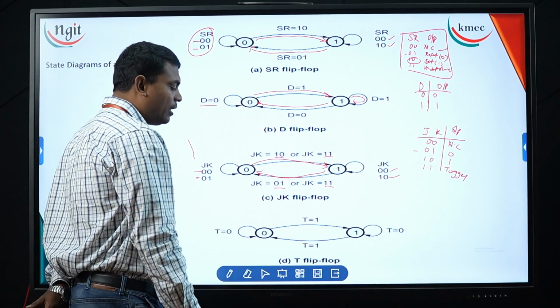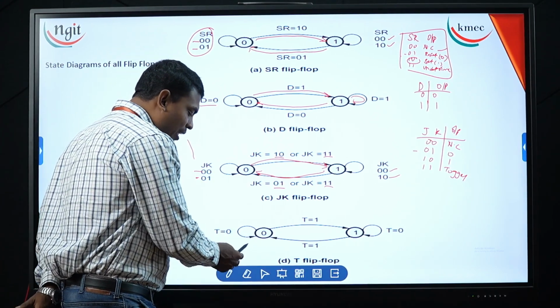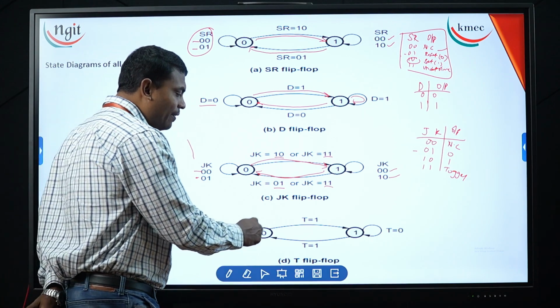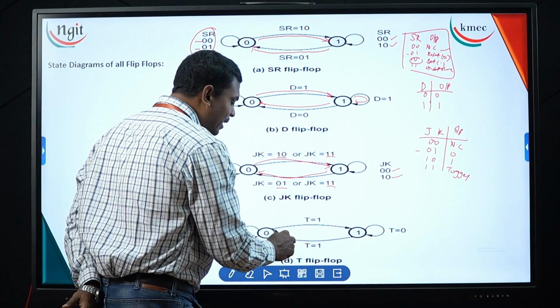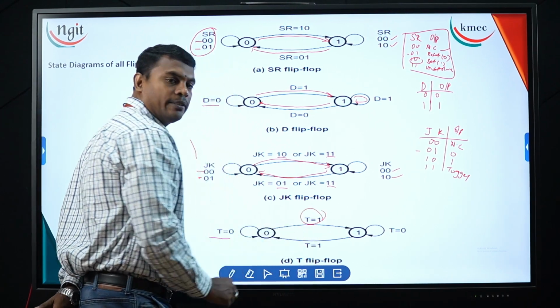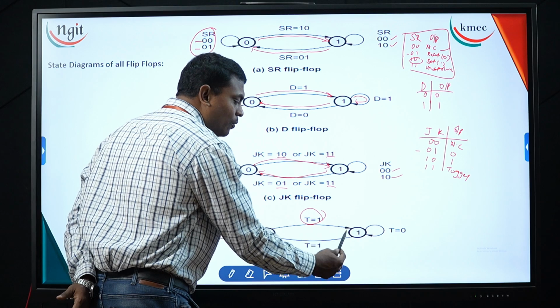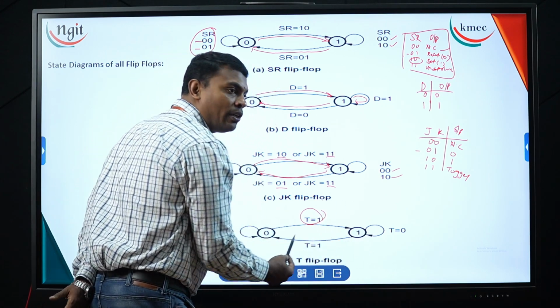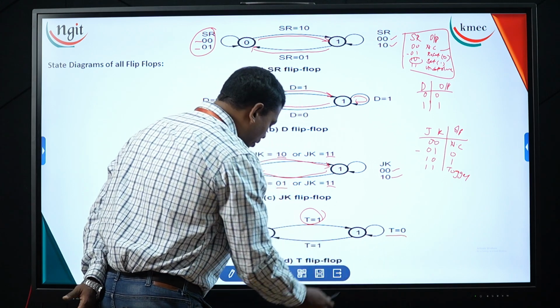Similarly for the T flip-flop. It will remain in the 0 state for T equal to 0, and it will travel to the 1 state when the T value is 1. Now when it has traveled to the next state from 0 to 1, it will remain in that state until T is equal to 0.